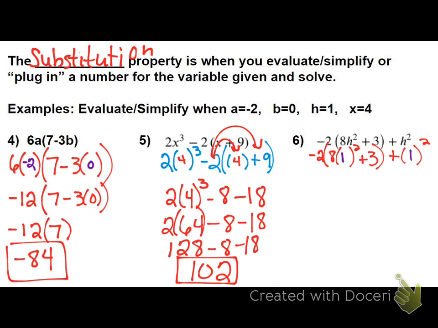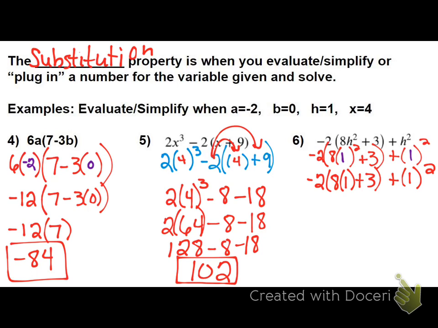1. And then can I go ahead and just take that 8 times 1? So I have basically negative 2. I got rid of the 1 squared, and it's just 1. So now what do I do? Can I distribute now?